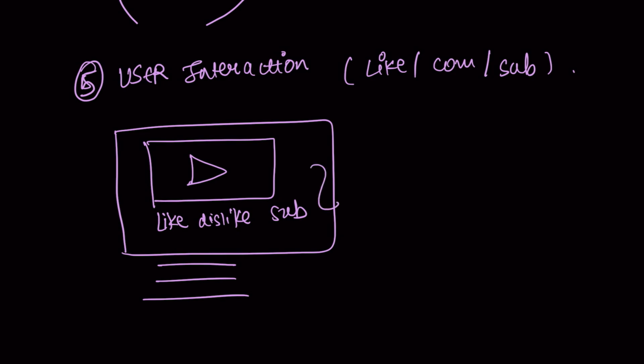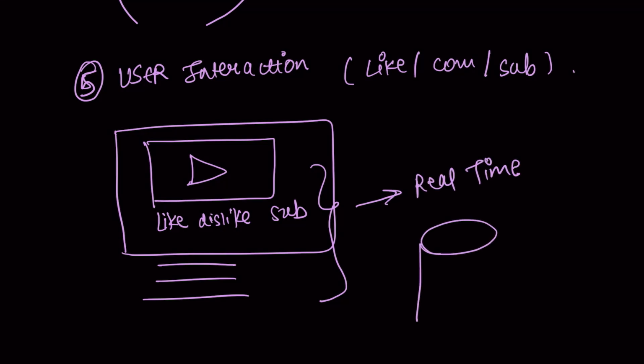So YouTube needs to record these interactions and process them in real time, and these actions are stored and updated in the database. That database must handle millions of interactions per minute, because we are not the only ones watching videos.